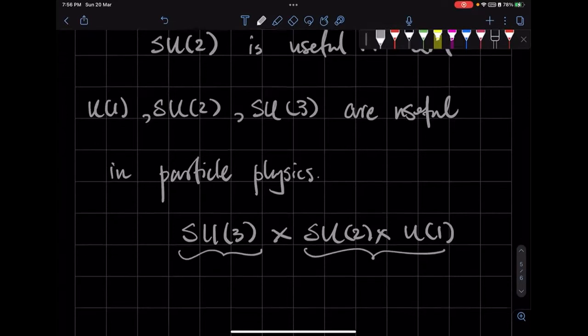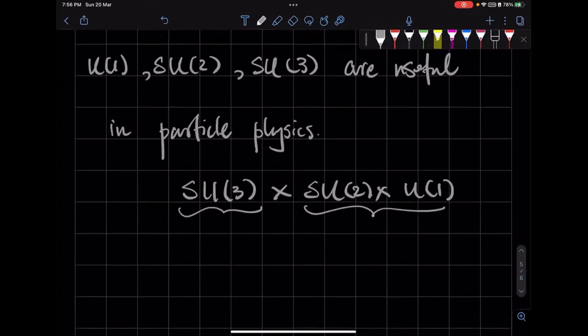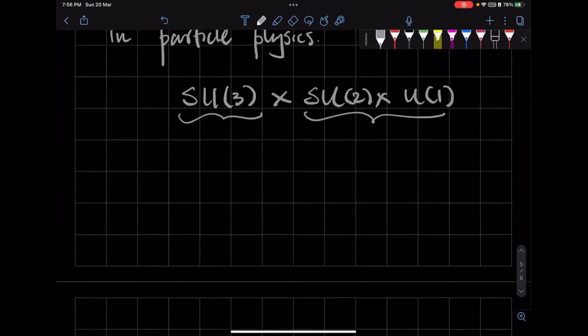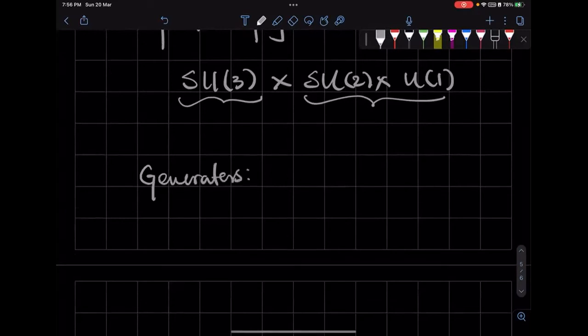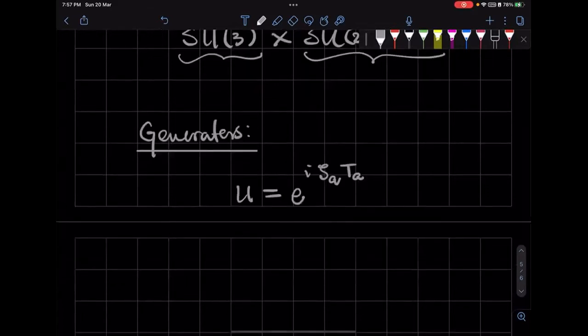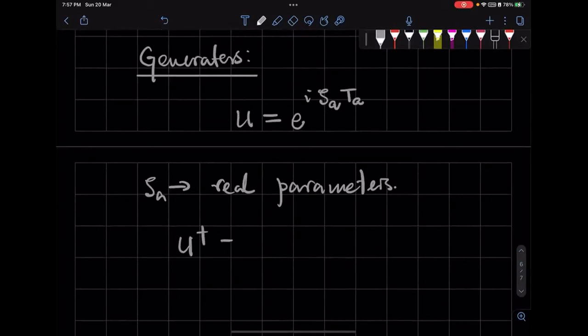Okay, let's look at the generators of SUN. If you write an element of SUN as the exponential of i zeta A T A, where zeta is a set of real parameters, then U dagger is going to be E to the minus i zeta A T A dagger, right?